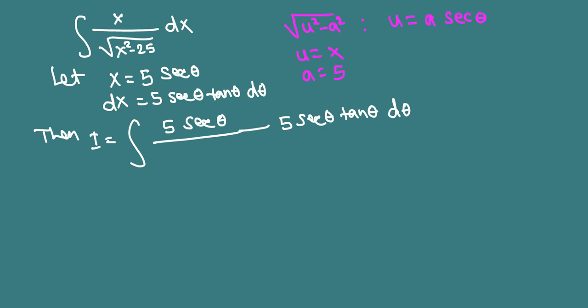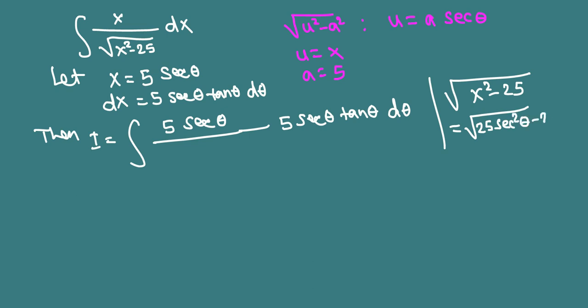On the bottom we had the square root of x squared minus 25. So the square root of x squared minus 25 is in fact the square root of 25 secant squared theta minus 25. We can factor out 25 inside, and if we take it all the way outside, 5 squared, so secant squared theta minus 1, and we need to use this identity.